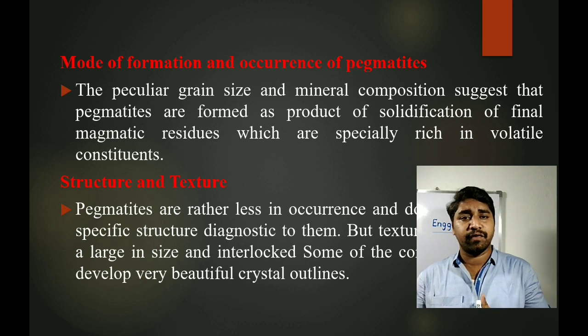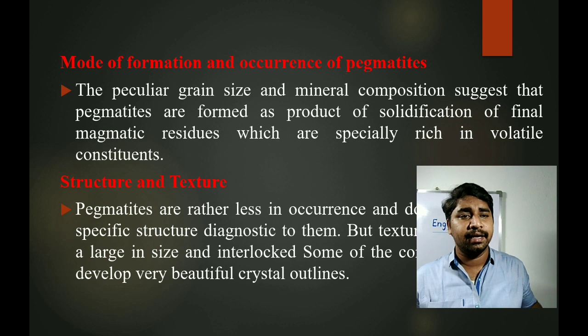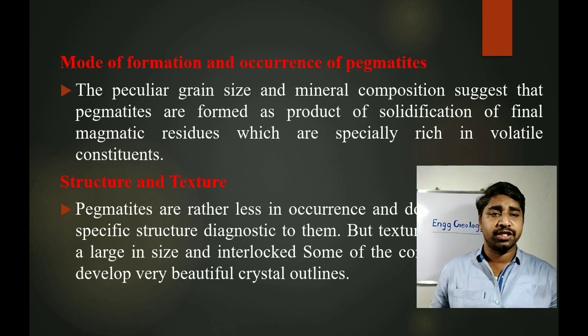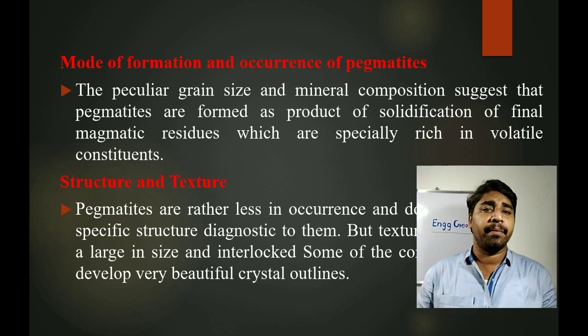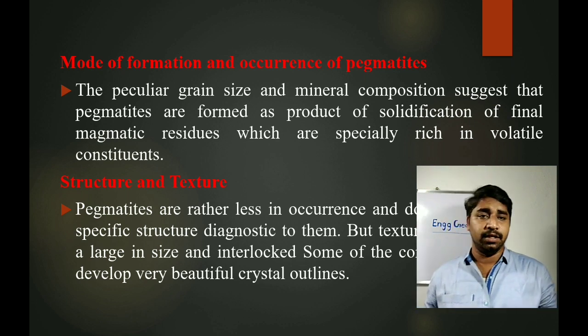The magma which was left at the end undergoes the solidification process and leads to the formation of these pegmatites, which are especially rich in volatile constituents. So that is the reason saturated proportions of compounds are present here.